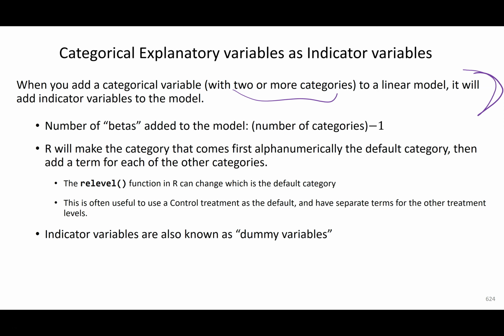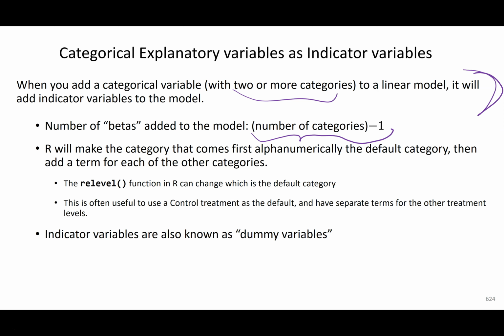It's going to add however many categories you have minus 1. So if you add a variable that has 5 categories, it's going to add 4 variables to our model.